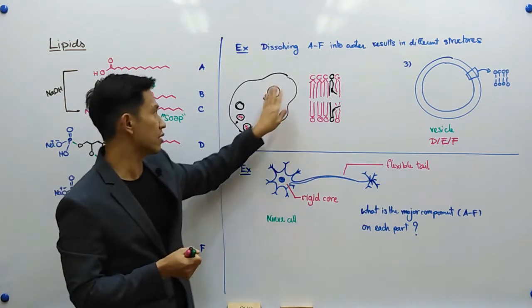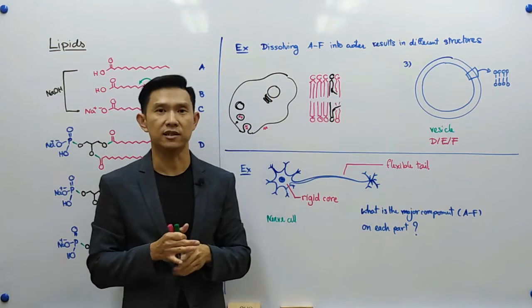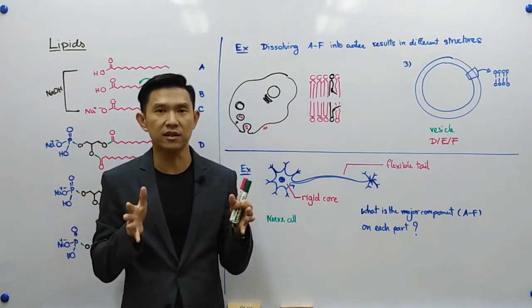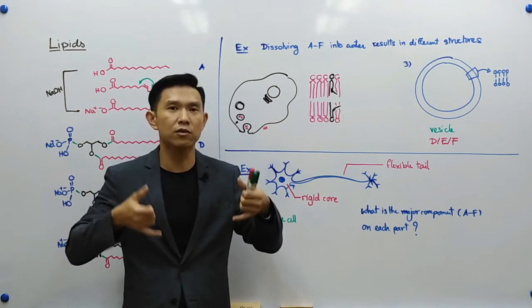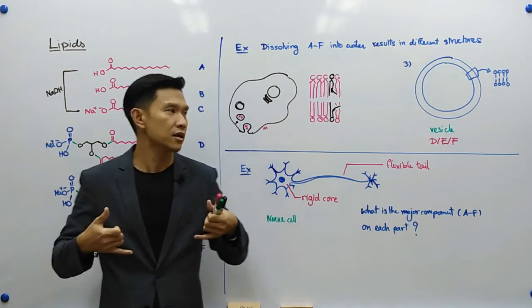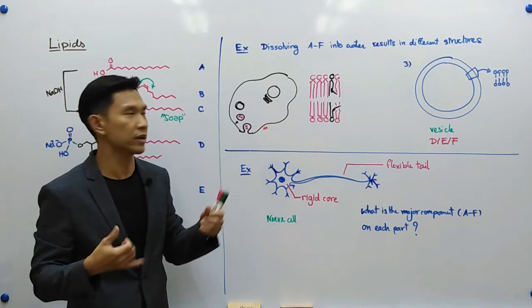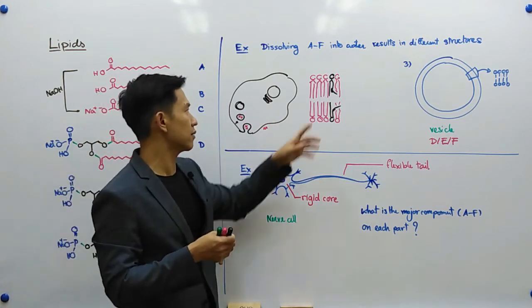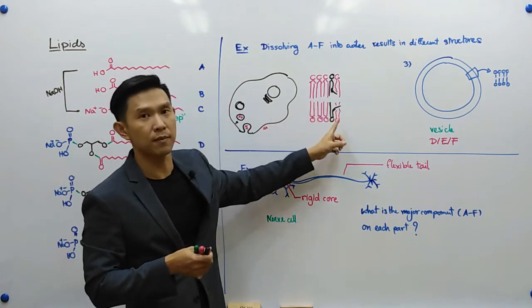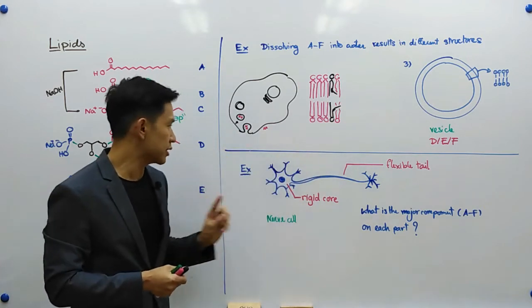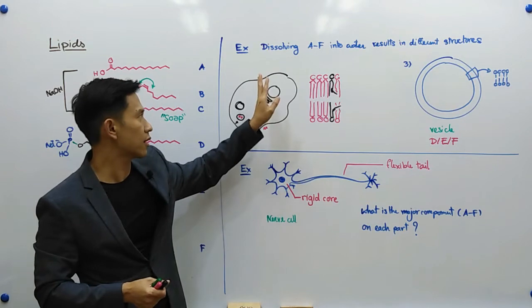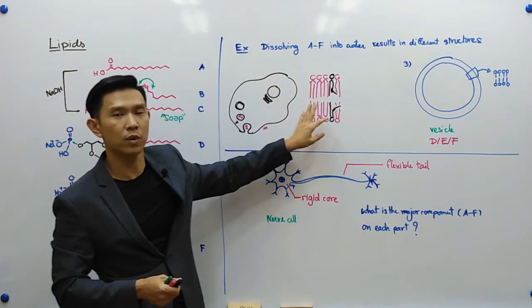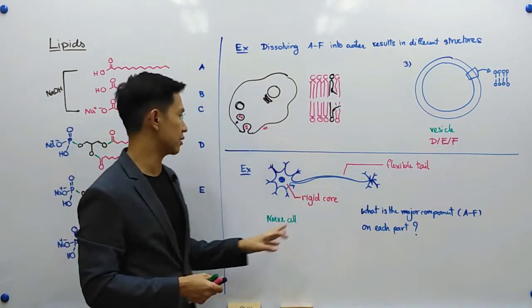But if everything over here is saturated, it can pack densely, and if it is packed densely, it cannot move very freely. So it's quite rigid compared with a membrane with double bonds inside. As a result, the rigid core may be composed of lipid bilayers with very saturated chains.